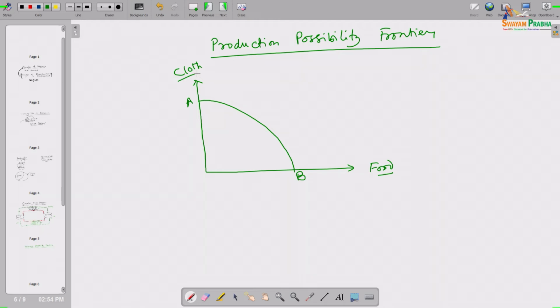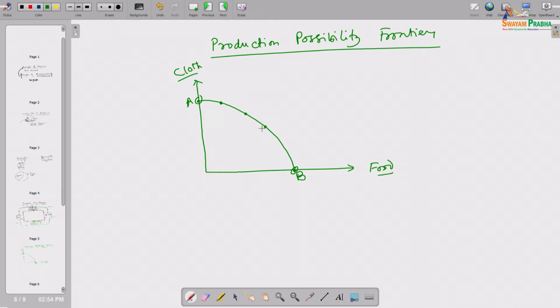If that society employs all its resources only in cloth production, it can generate point A; only in food production, it can generate point B. If it employs some amount of resources in food production and some in cloth production, it can generate this point, this point, or any of those points, depending on how much resources it employs in cloth production and how much in food production.